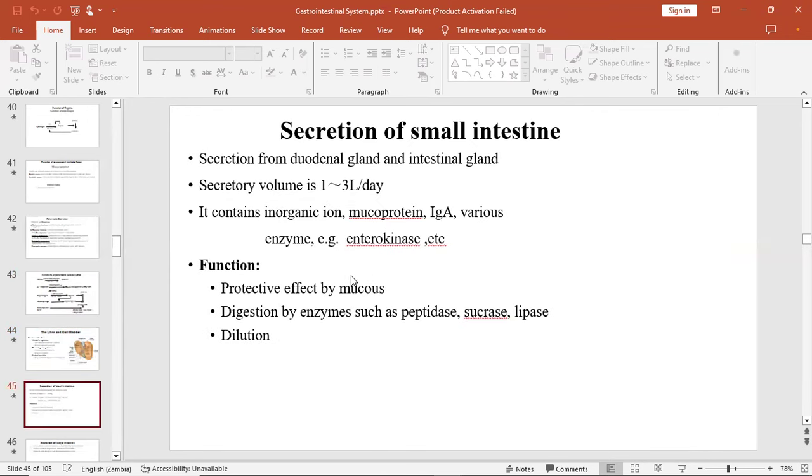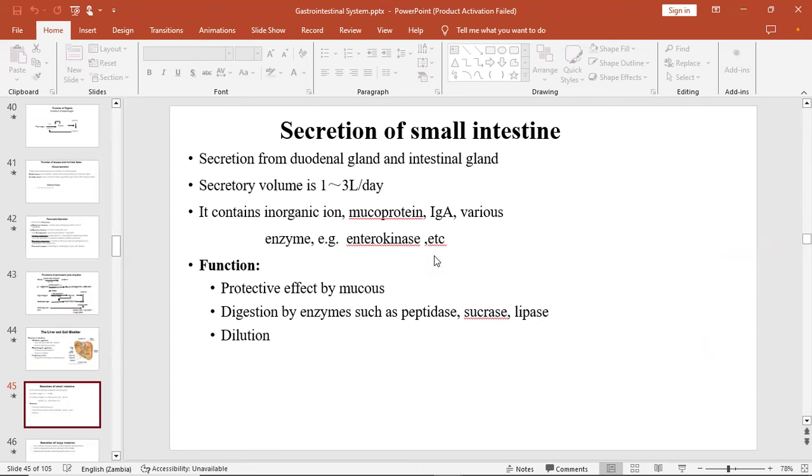So again, when you go to the secretion of the small intestines, the secretions from the duodenal glands and intestinal glands, the secretory volume is about 1 to 3 liters a day, in the book that you're using. It contains inorganic ions, mucoproteins, IgA, which is immunoglobulin A, and various enzymes such as enterokinase. Remember, the small intestine includes the duodenum.